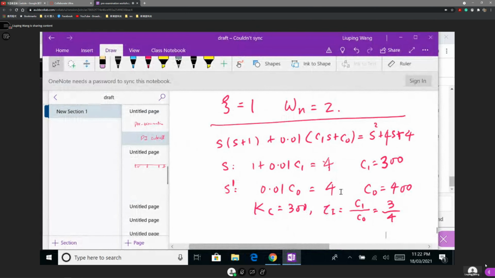So yes, correct. Zeta equal to 1, right? Omega n equal to 2, right? So it's 4 here, right? So 4 minus 1 equal to 3. 3 divided by B, 0.01, gives you 300. Yeah, correct. Anybody have questions?